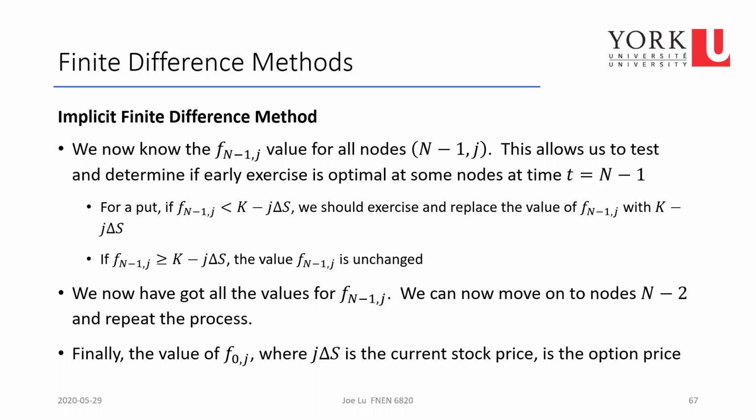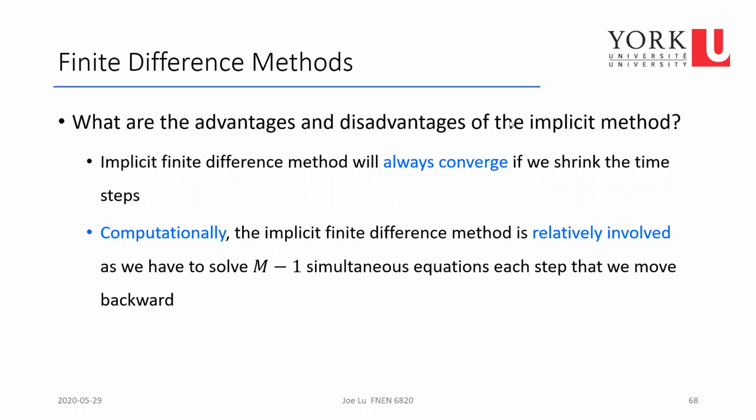Now, what are the advantages and disadvantages? Well, for the implicit finite difference method, if we have small enough grid points, so we have a large enough number of i's and number of j's, we can always converge to the true value. It will shrink things enough.